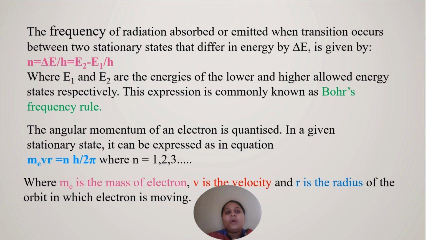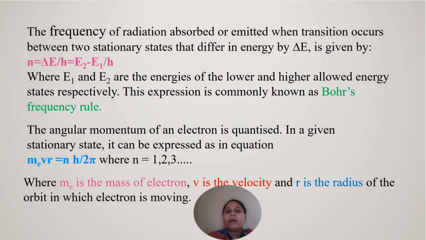The frequency of the radiation absorbed or emitted when transition occurs between two stationary states that differ in energy by delta E is given by nu is equal to delta E by h.